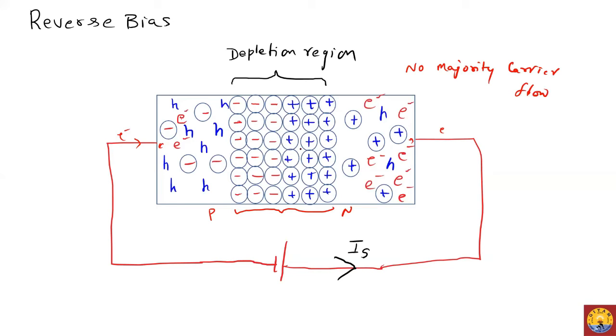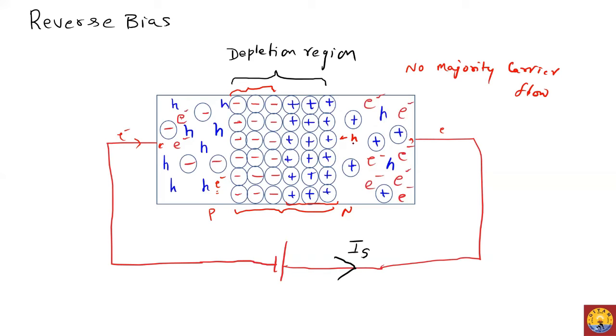But what happens, we have these positive ions. These positive ions will attract the minority carriers. What is the minority carrier in p-type? In the p-type, the minority carrier is the electron. So the electron is being attracted by these positive ions. Similarly, these negative ions will attract holes from the n-type.